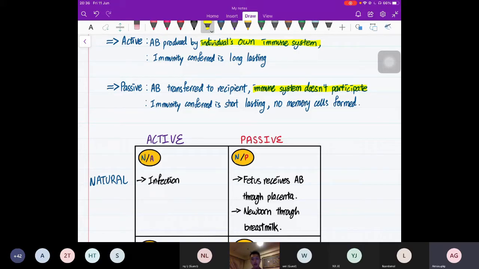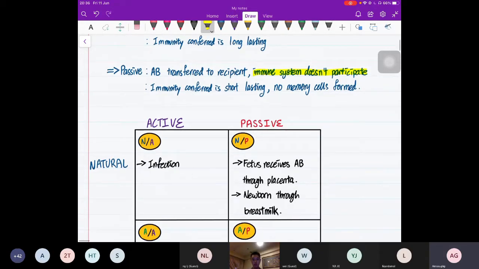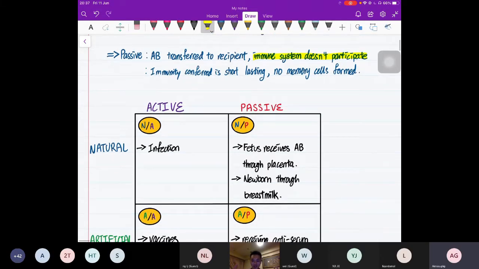It only has the antibodies via the placenta. The immune system didn't participate, therefore no memory cells are formed. Therefore, it is natural passive, because 300 years ago, fetuses could still receive antibodies via the placenta. I know it sounds weird, but when you go into your exam, you remember 300 years and it will help.